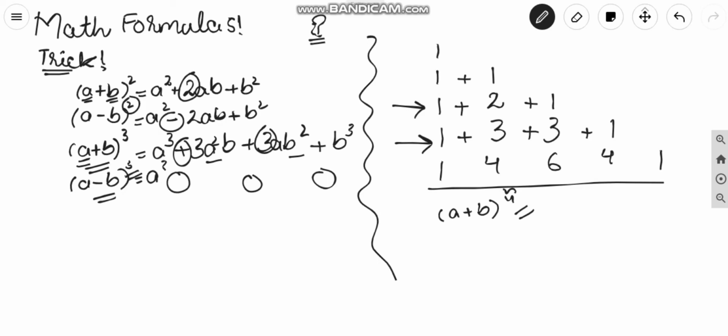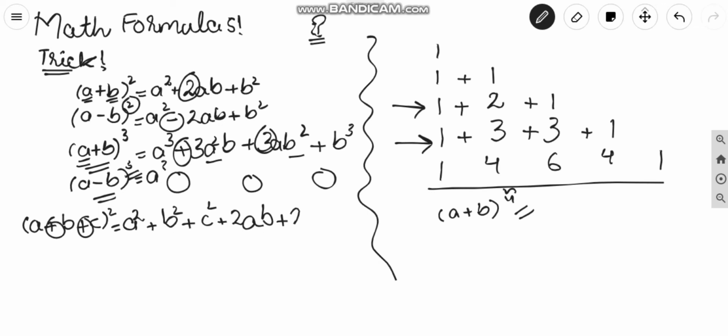Okay. You may also face difficulty while expanding the formula with 3 variables, for example (a + b + c) whole square. You can expand it easily because here the signs are same. You can easily expand a square plus b square plus c square plus 2ab plus 2bc plus 2ca.